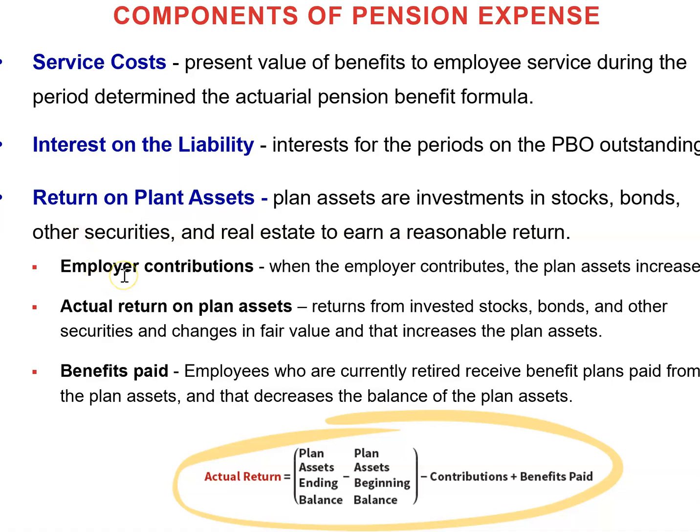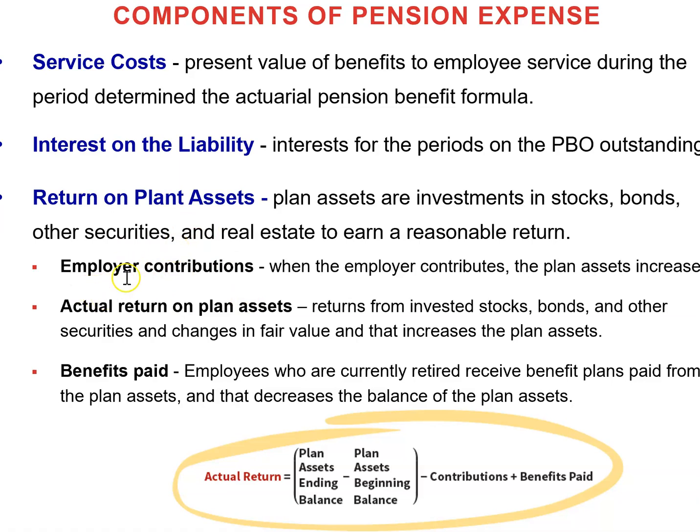So return on plan assets, of course, we know that the return is made from all those dividend incomes or gains or losses from where those funds are invested, such as in stocks, bonds, or other securities. But there are some other factors that will also impact the return on plan assets.